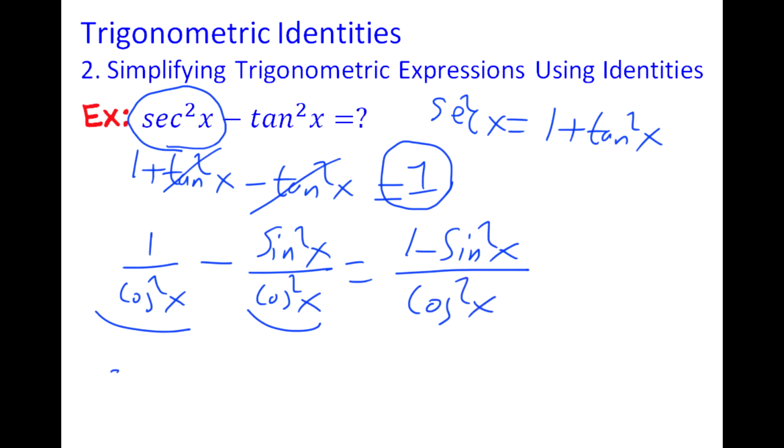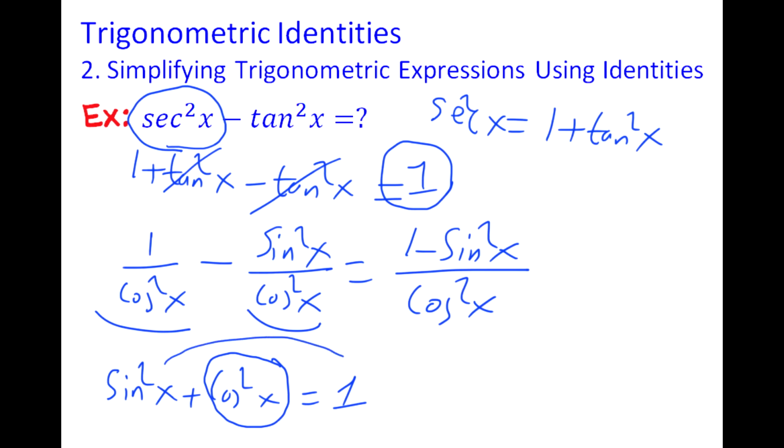And we all know that sine square x plus cosine square x, that is equal to 1, guys. So if you take this cosine square x, and if you send this sine square x to the right side, then we're going to have cosine square x is equal to 1 minus, on the left it was positive sine square x, and once you send it to the right side, it's going to be negative sine square x.